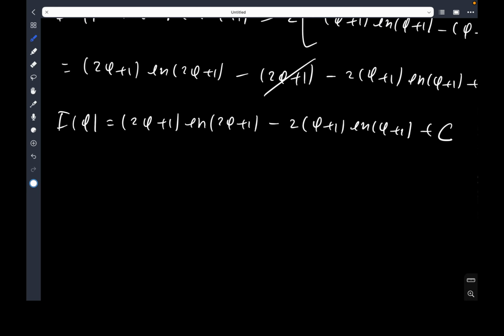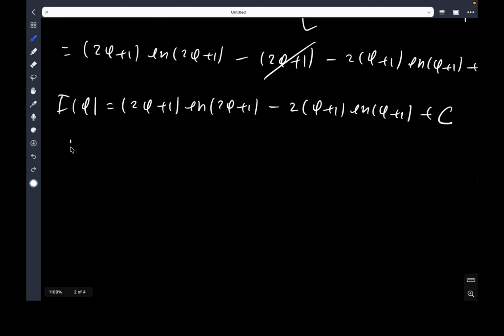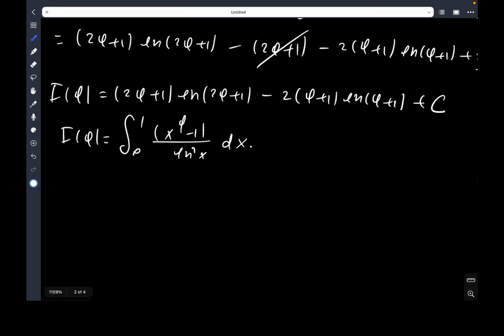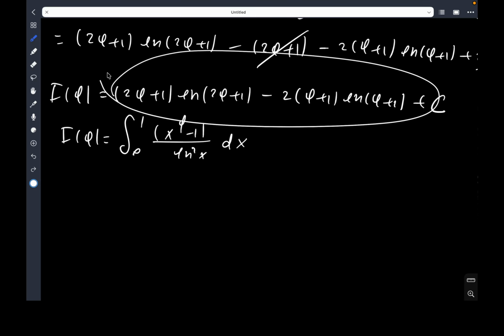So we're almost there. You just have to find this constant of integration. And if you recall I of phi, it was in this form of x to the phi minus 1 over ln squared x dx. And if we equate this together and let phi be equal to 0, you're going to find that this term here is going to be the definite integral of 0, and all these terms here are going to go to 0.